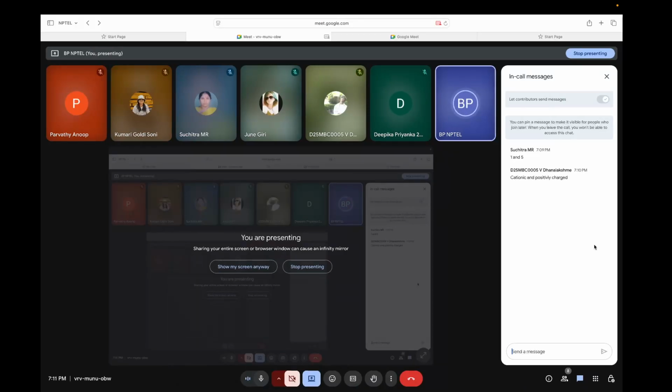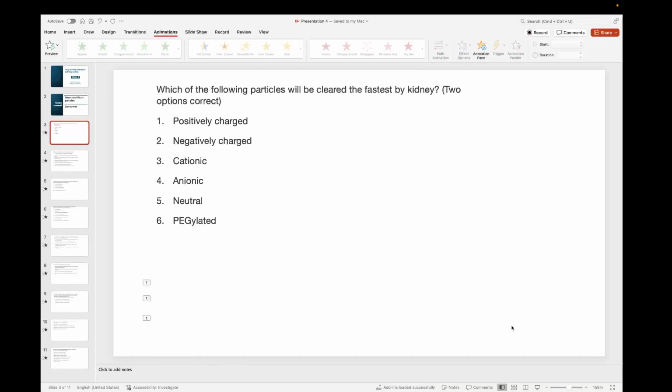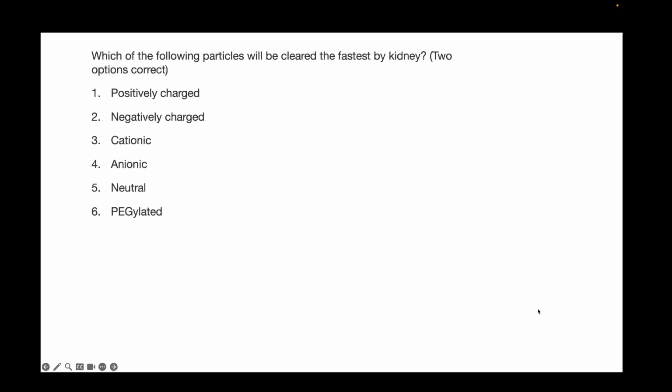Positively charged. Okay. Yes, both of you are correct. It will be positively charged and the cationic particles.